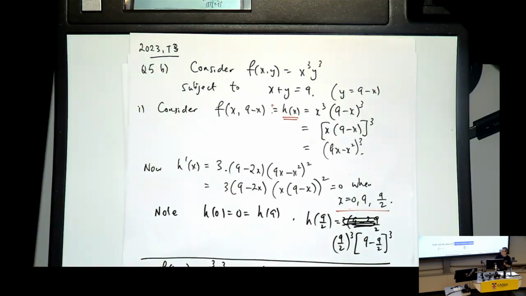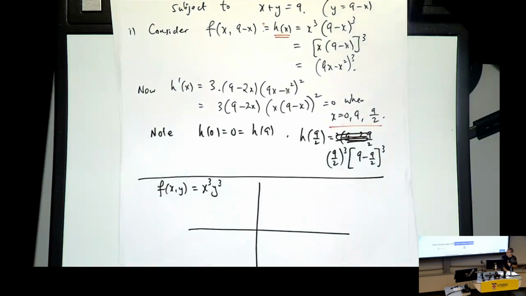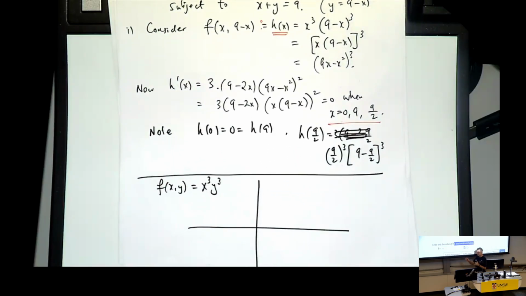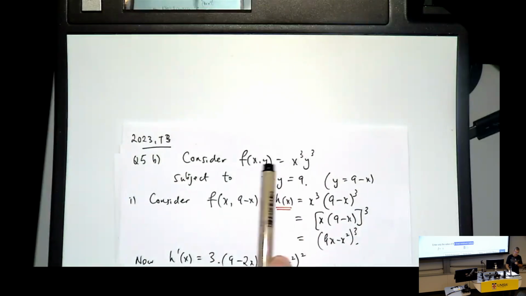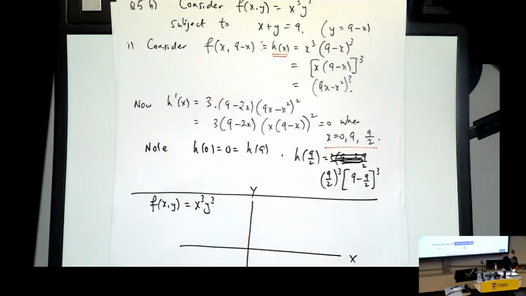Okay, so I'm going to draw a picture. And I like pictures, even though I'm not very good at drawing. So let's look at the domain of this function, which is basically those points. Okay, so what does this look like?